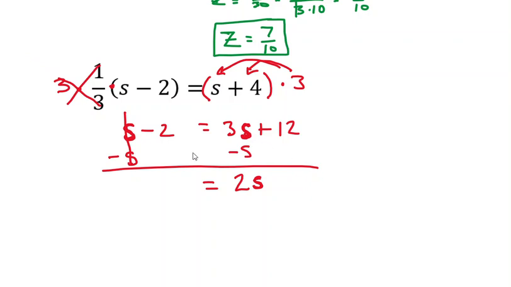Instead of writing down that negative 2 and the plus 12 and then moving the 12 over on the next step, I'm going to do it on the same step as subtracting the s's. So I'm going to subtract 12 from both sides, and I get negative 14. That saved me a line on my paper.